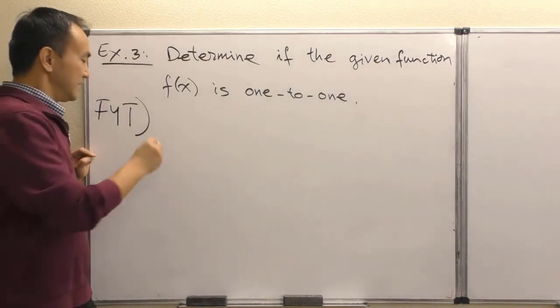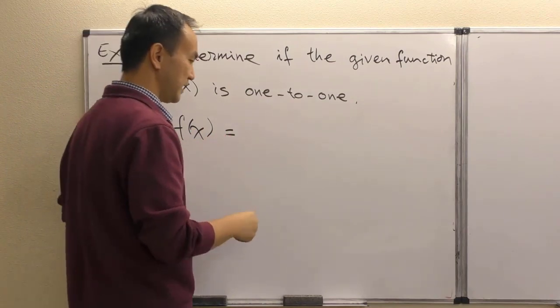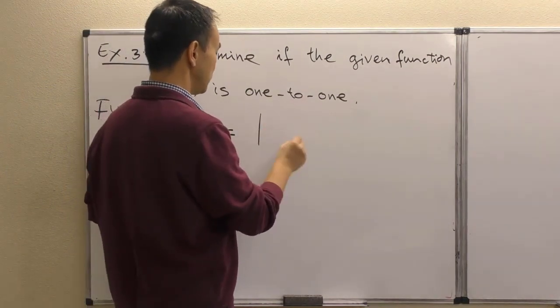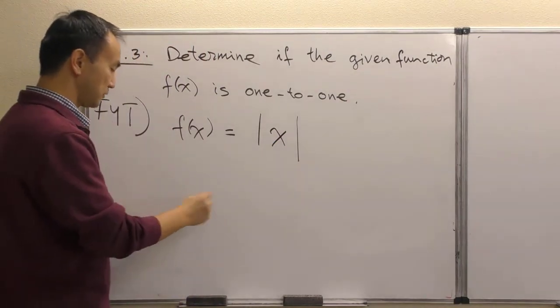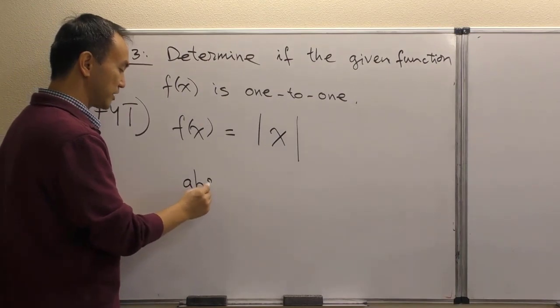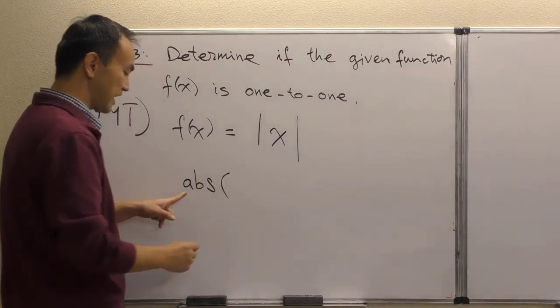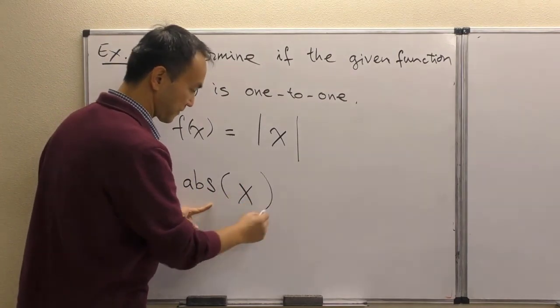Let's look at f of x defined as the absolute value of x. If you are using technology, most of the time we type ABS as the command, then x, and close the parentheses.